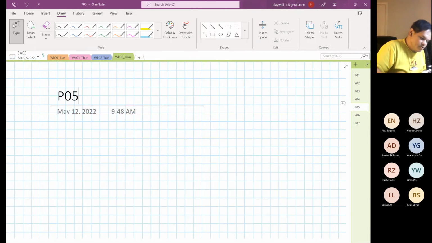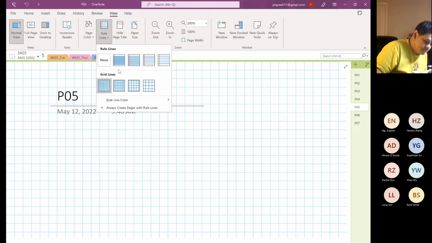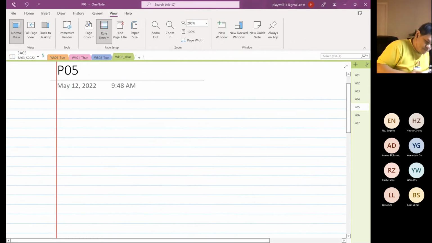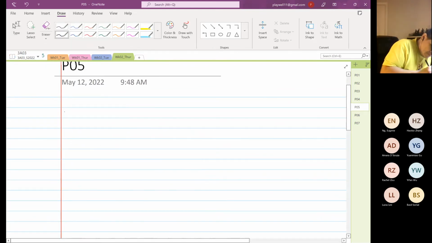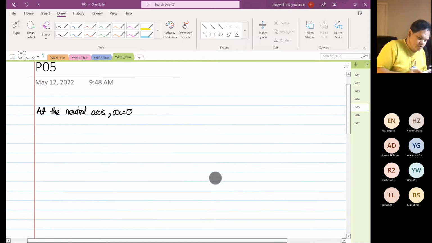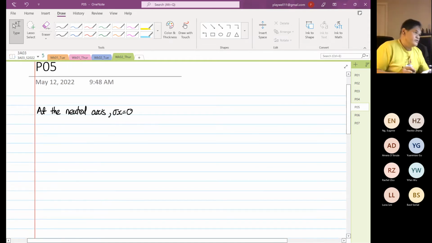Okay. So if you're going to apply the formula, right? At the neutral axis, stress X is equal to 0. Okay, stress X is equal to 0 at the neutral axis.